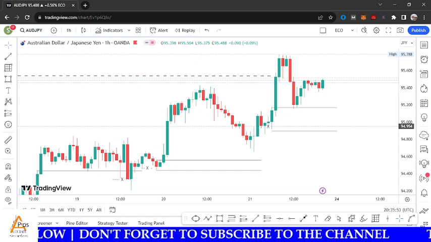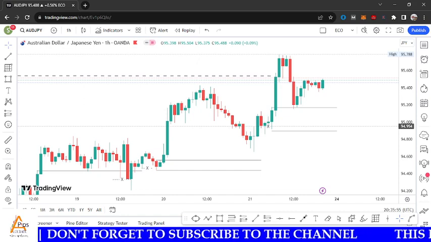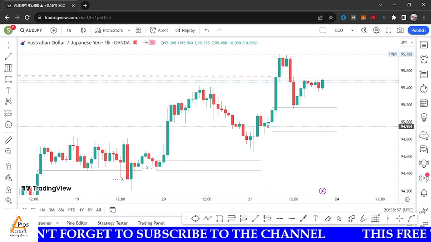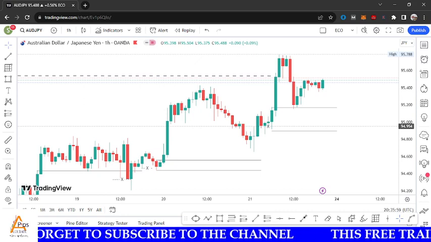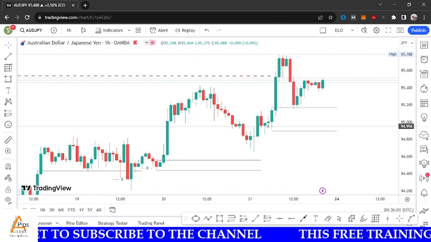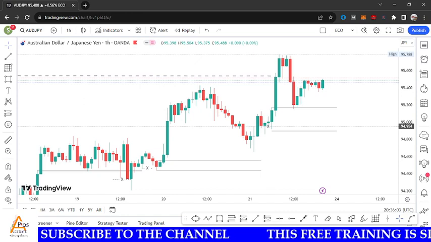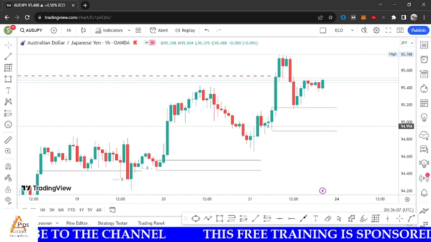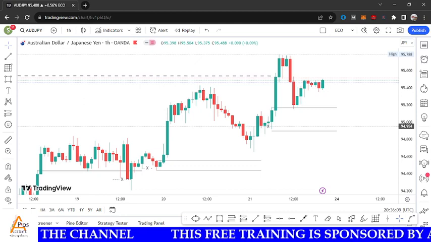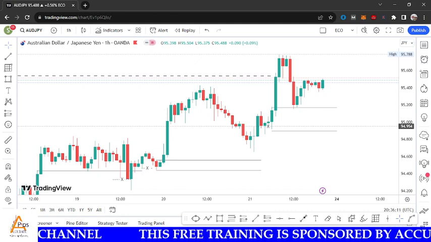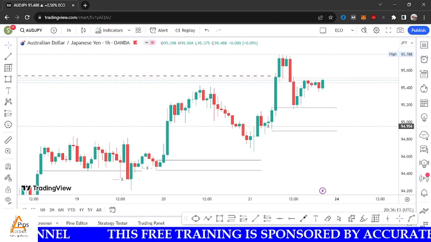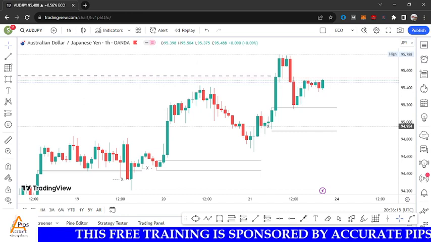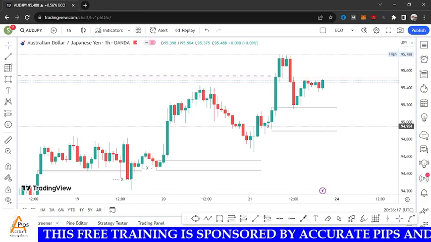That is when we are in an uptrend, we are looking at the lows to be swept. And when we are in a downtrend, we are looking at the highs to be swept.